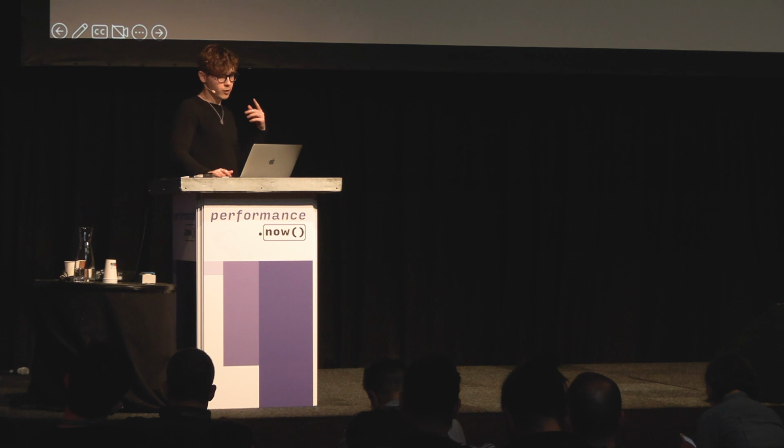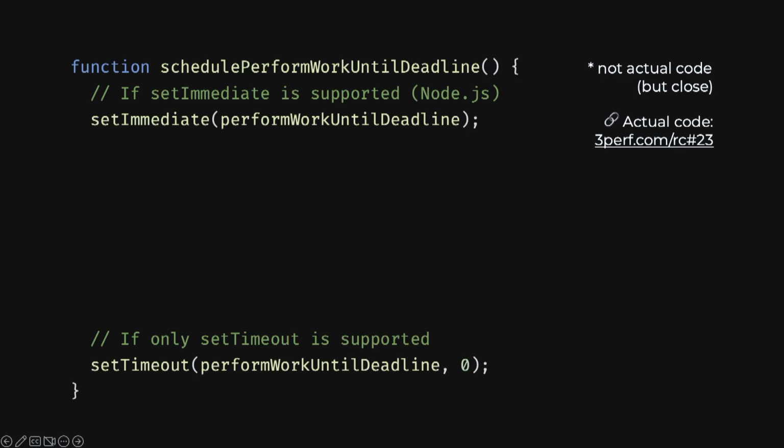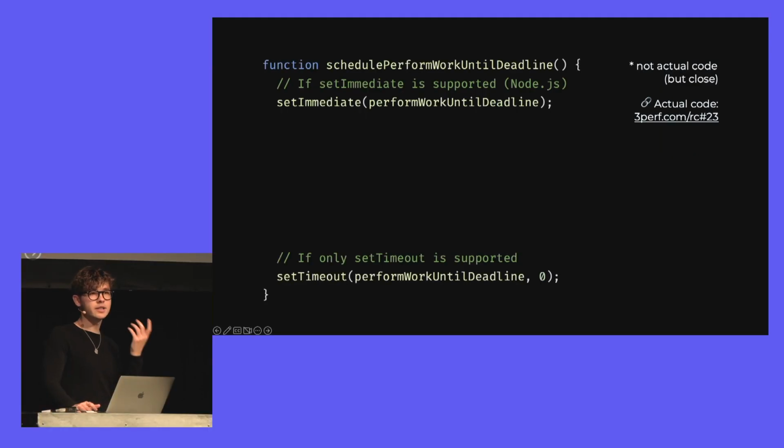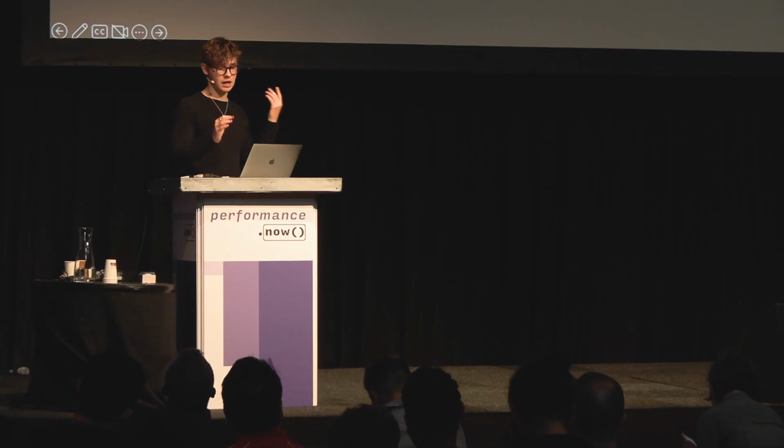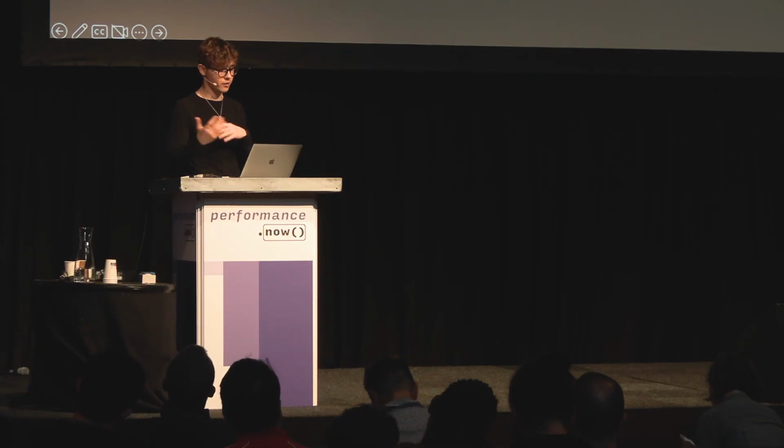So in old browsers, when you call setTimeout with a timeout of 0, what actually happens is browsers clamp that 0 to a value of 4 milliseconds or 1 millisecond. They don't allow you to schedule the work immediately. They introduce a tiny bit of delay. So what React does to avoid that is it uses the MessageChannel API, which it posts a message to, and then adds the callback that triggers when the message is posted.